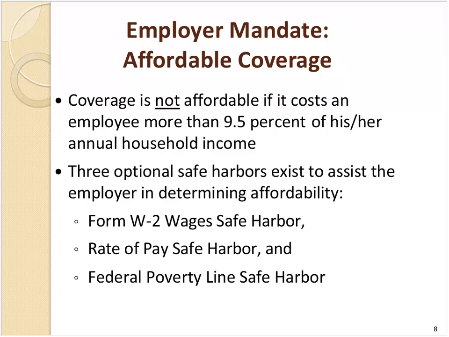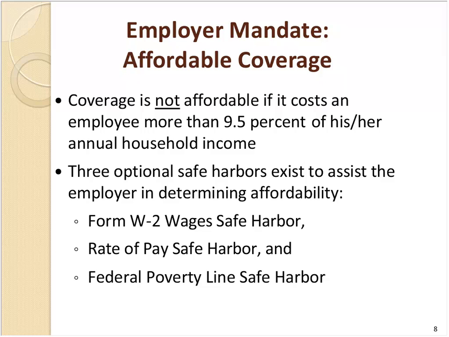There is a rate of pay safe harbor, and that would be taking the rate of hourly pay, excluding bonuses and overtime and excluding tips. And if the employee premium is no higher than 9.5% of the employee's rate of pay, that would be permissible. Now, that's not as desirable from the employer's standpoint because there's a part of the employee's compensation that the employer could ask for 9.5% of too that's not being captured by that rate of pay safe harbor.